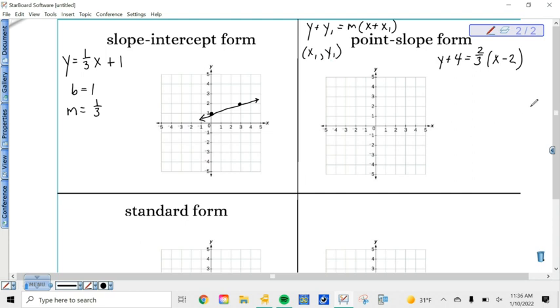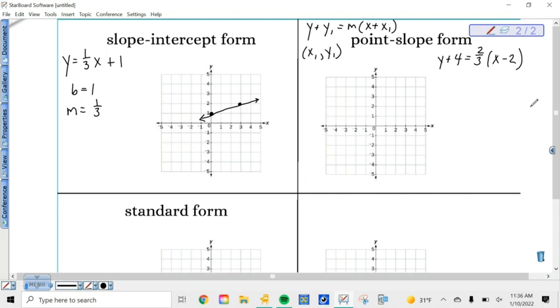X1 is just positive 2. And what's y1? 4. Yeah, it's 4. And what do I do with those two numbers? You get coordinates. Yeah, it's coordinates.